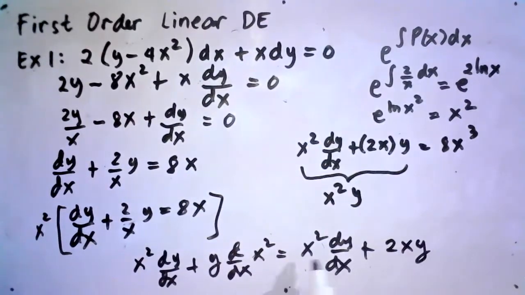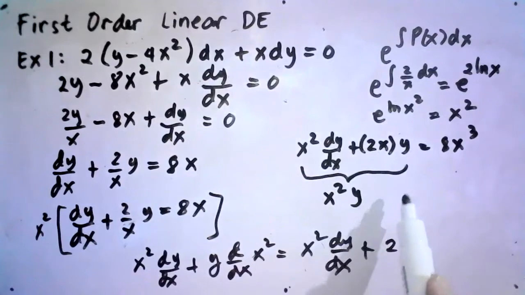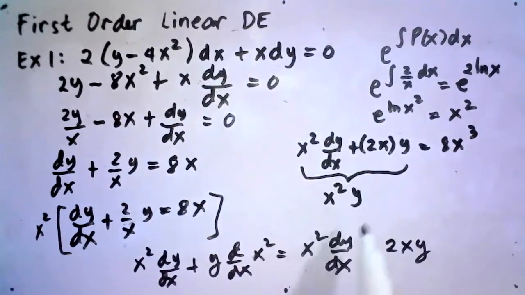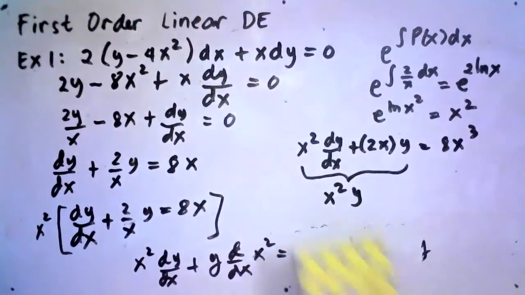So if you have noticed, this is x squared dy over dx plus 2xy. So this is the result of the derivative of a product. That is why we have here x squared y. Okay, so I will erase this one.